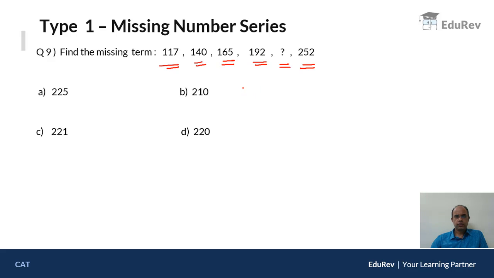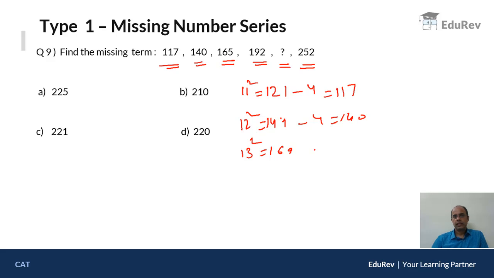What is 11 square? 11 square is 121 minus 4 gives me 117. Now 12 square is 144 minus 4 gives me 140. 13 square is 169 minus 4 gives me 165. 14 square is 196 minus 4 gives me 192.